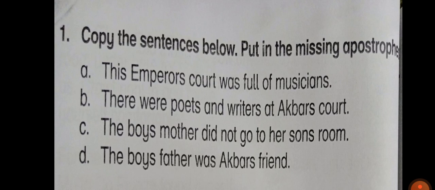Okay, but students, we have to do this work in the English grammar copy. So I want all of you to take out your English grammar copies, and then, as it's written in the question, copy the sentences below and put in the missing apostrophe. In previous sentences, we were shortening the sentence on our own, but in these sentences we don't have to.